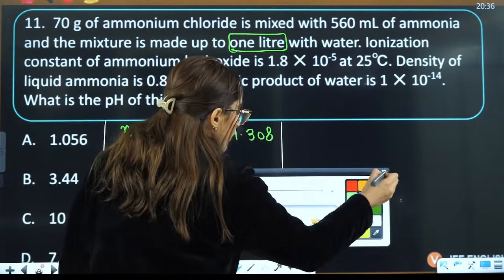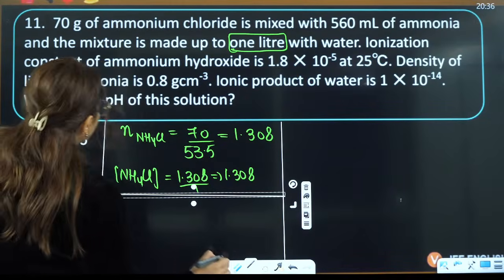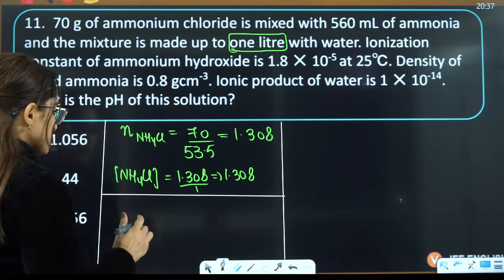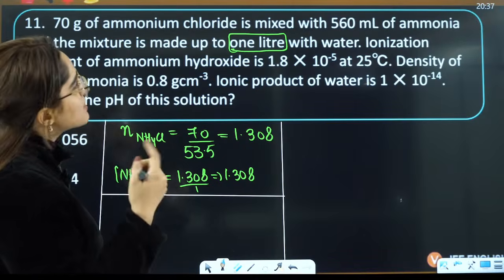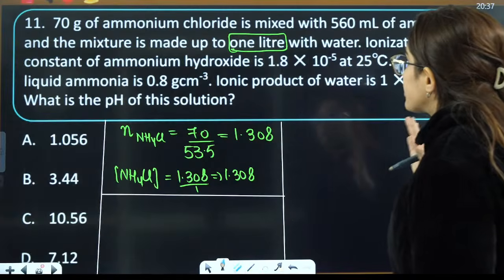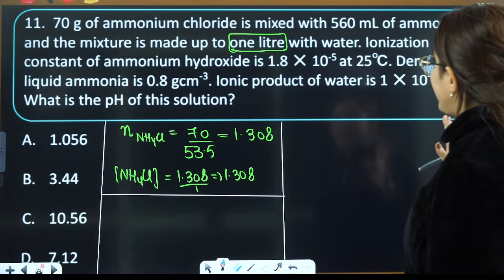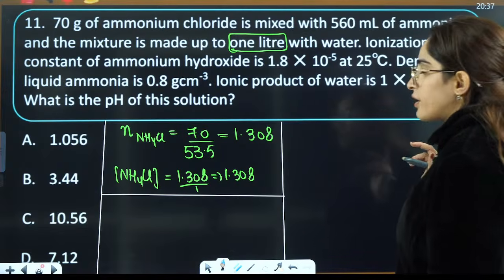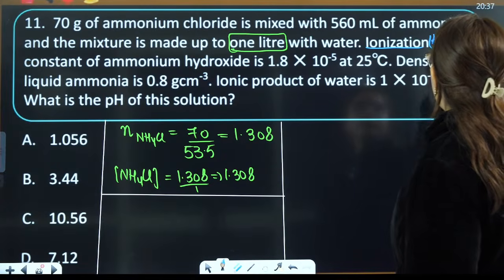Now, they are asking me to calculate the pH, so to apply the formula of pH I'll have to do it this way. 560 milliliter of ammonia is used here. The ionization constant is going to be 1.8 into 10 raised to minus 5. That is given to you, sorry, Kb here.